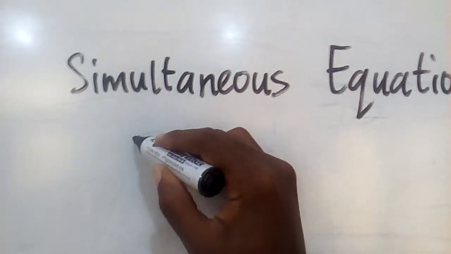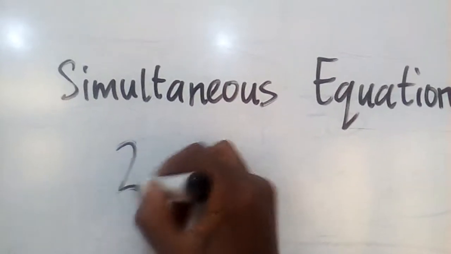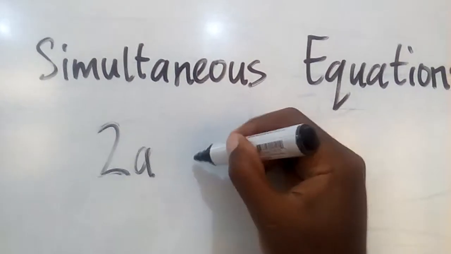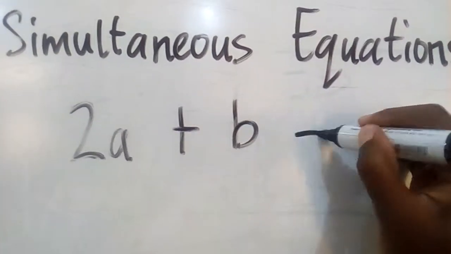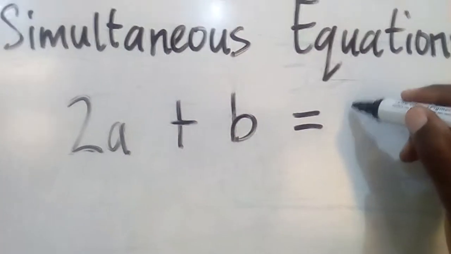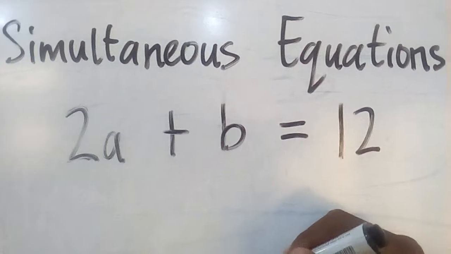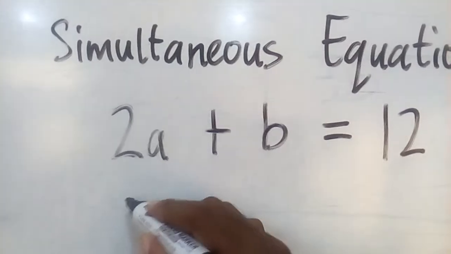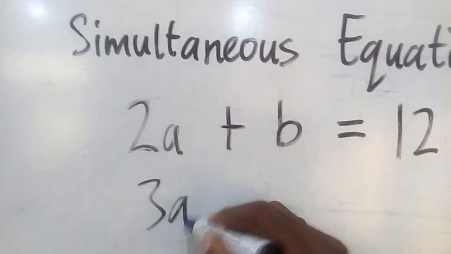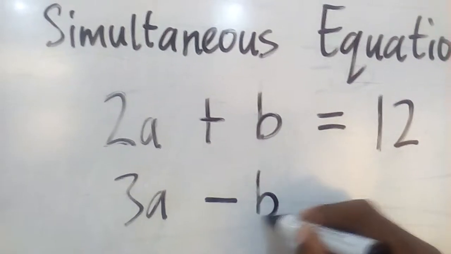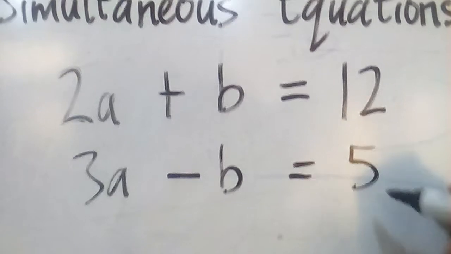Let's look at an equation: 2a plus b giving us, say, 12, and 3a minus b giving us 5.